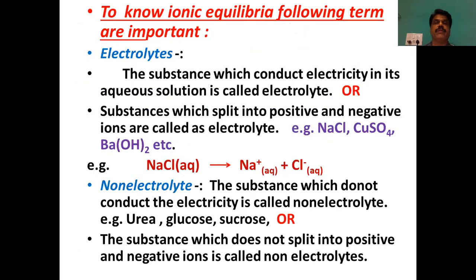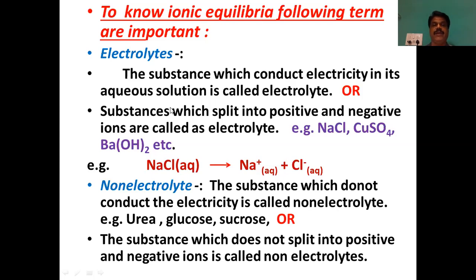Next point: to know about ionic equilibria, there are some important terms like electrolytes and non-electrolytes. What is meant by electrolytes? The substance which conducts electricity in its aqueous solution is called an electrolyte.